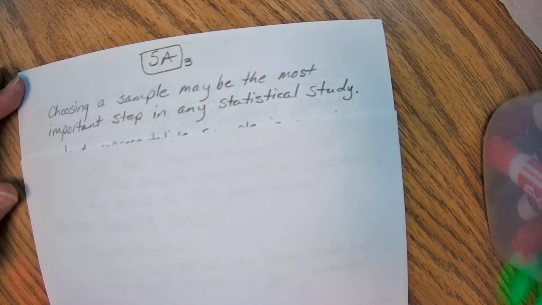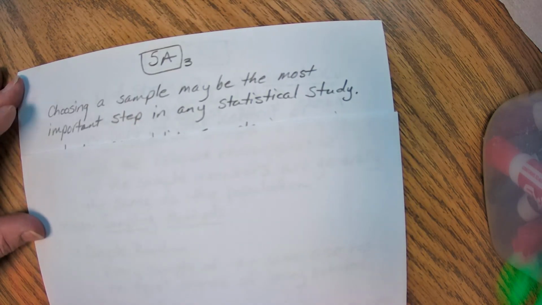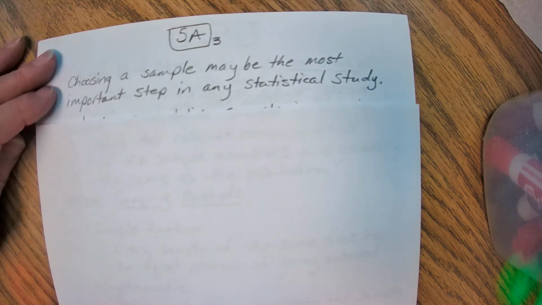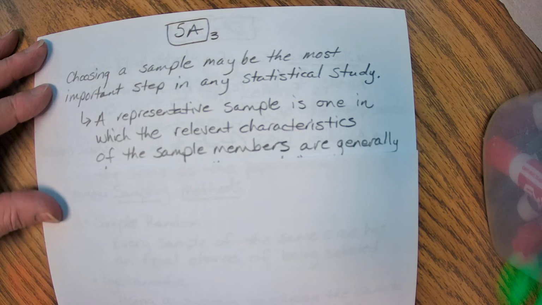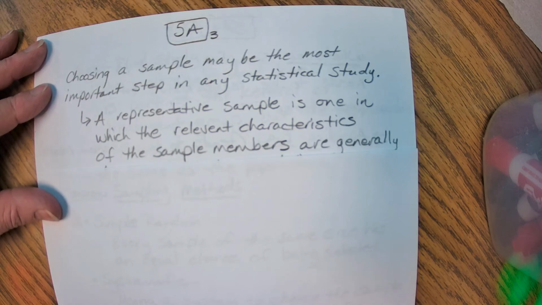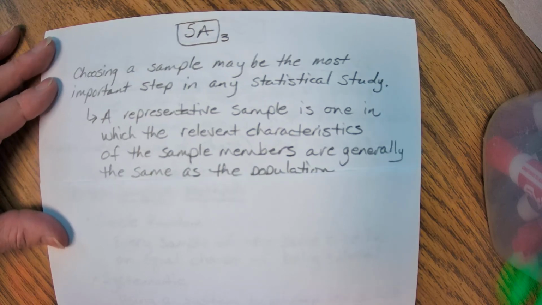So choosing the sample might be the most important step in any statistical study. A representative sample is one in which the relevant characteristics of the sample members are generally the same as the population.